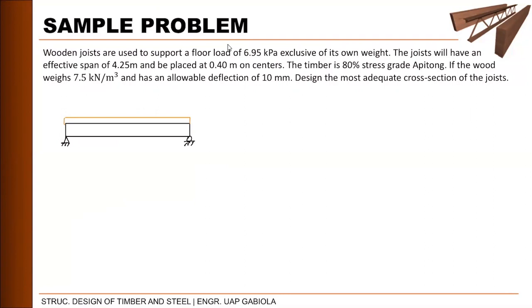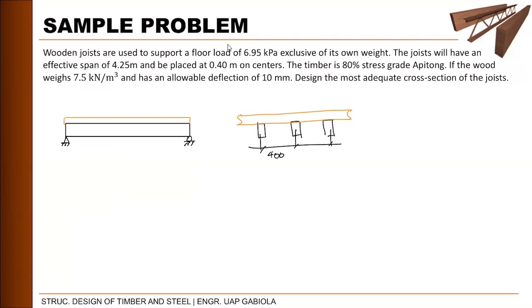Okay? So, pag in-arrange natin yung mismong joist natin, yung cross-section natin, halimbawa ito, yung ating cross-section ng joist. Then yung floor system natin, halimbawa is ito. Then we have spacing ng joist natin is 0.4 on centers.